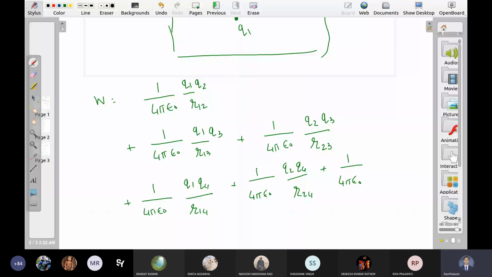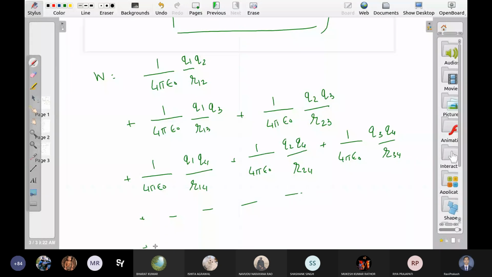So when we bring n charges here, we will keep getting these terms, right? How do I write in a simple form? Can we write it in a simple form? Let us try to write.